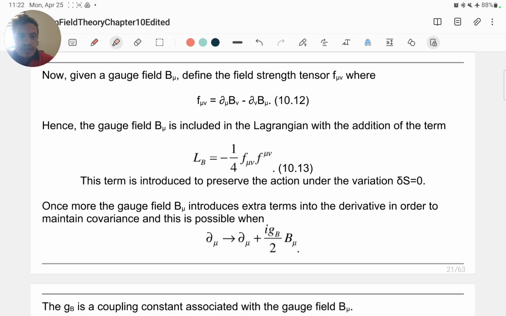We can add this term to the previous Lagrangian in order to have a generalized SU2 cross U1 Lagrangian. Again, this is the definition of F mu nu, and this is the form of the Lagrangian. This is the kinetic term of B mu. This is to preserve the action under the variation of the action, meaning your change in the action would be 0.